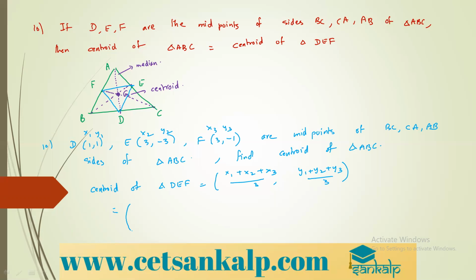That means I'll have (1 plus 3 plus 3) by 3, (1 minus 3 minus 1) by 3. So the x coordinate will be 7 by 3, the y coordinate will be -1. This is the centroid of triangle DEF, and it is also the centroid of triangle ABC.